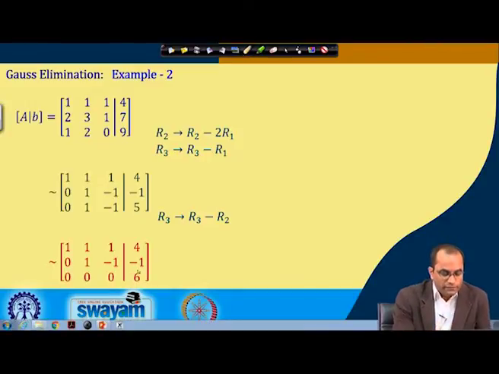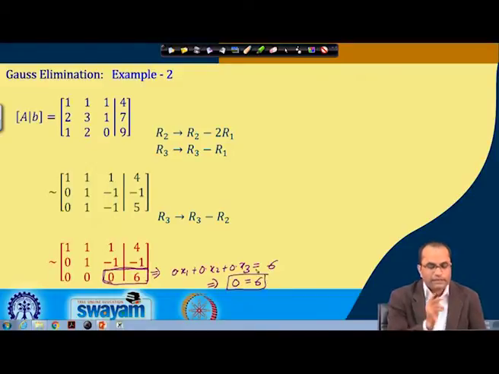If we look closely at the last equation, what are we getting from it? We are getting 0 times x 1, 0 times x 2, 0 times x 3, and the right hand side is 6, meaning that 0 is equal to 6.